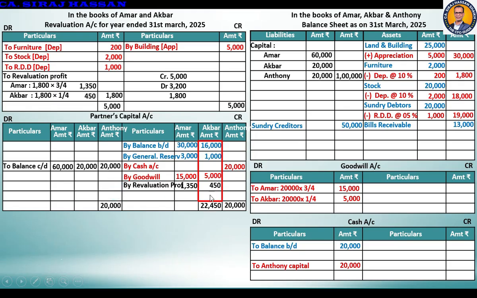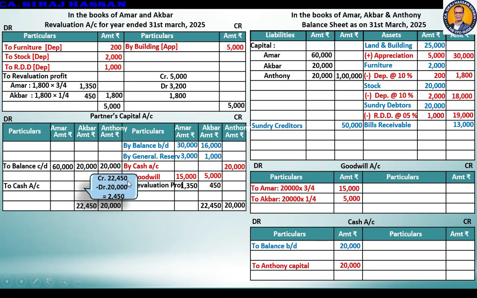Then we close Akbar. Debit side total is 22,000. The credit side total is 22,450, and as per the adjusted capital, the capital of Akbar should be 20,000. So there is an excess of 2,450 in Akbar's account, which will be adjusted in cash.